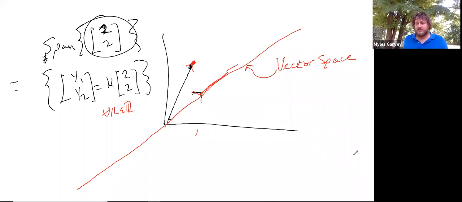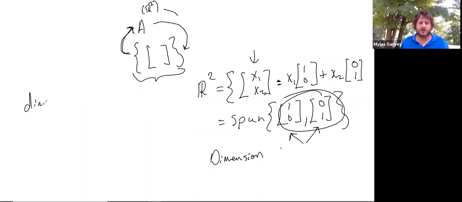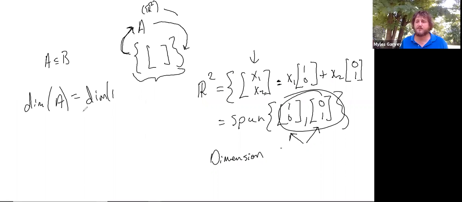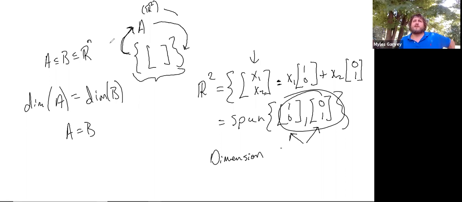There's a theorem that says, let me take a step back, if A is a subset of B, and the dimension of the vector space A is equal to the dimension of the vector space B, that is, if the number of vectors used to generate A is the same as the number used to generate B, then it's true that A equals B. Notice this is dimension 1.